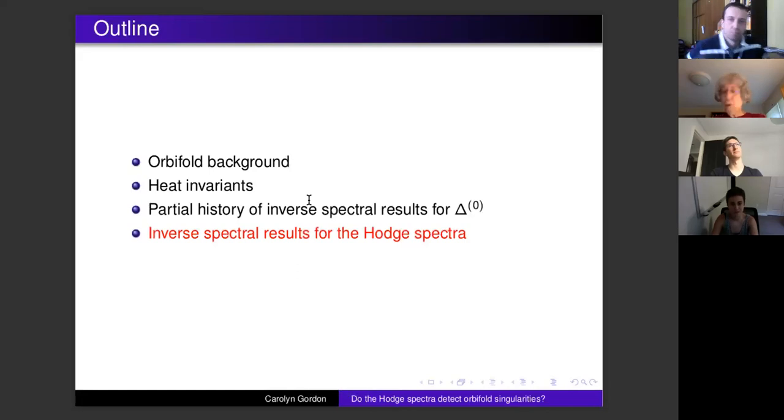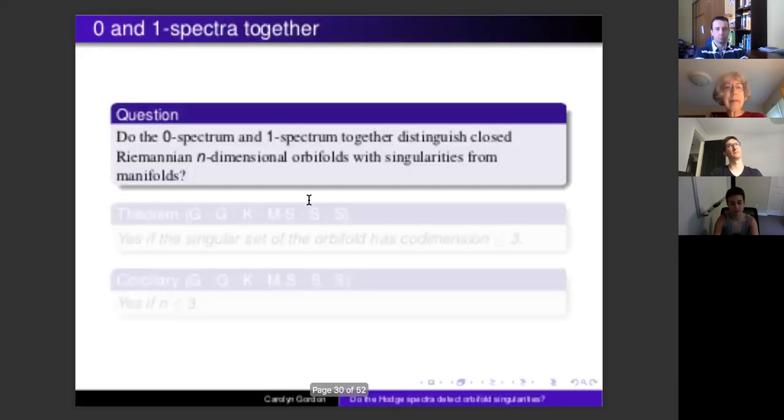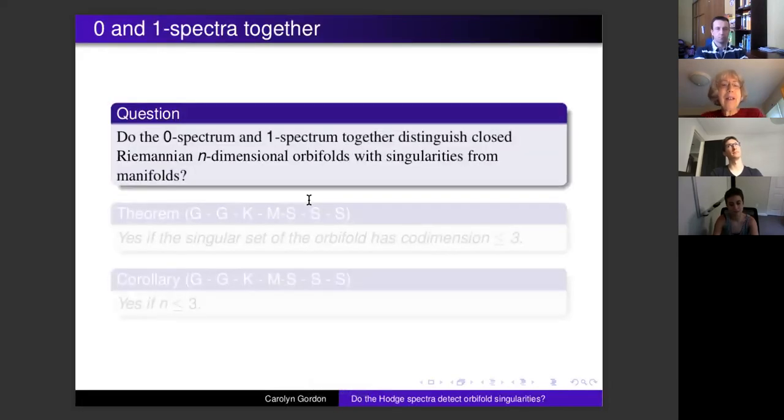So now let's turn to the Hodge spectra. The first question I want to ask, since the Laplace spectrum alone is not known to be enough to distinguish orbifolds from manifolds, is: how about if you take two spectra, the 0 spectrum and the 1 spectrum, together?